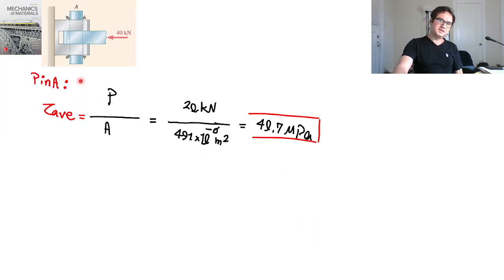The story at pin A is again shear. The average shear in pin A is in double shear, so P over A, where each of those parts is handling half of the force, so 20 kN over the cross-sectional area gives you almost 41 megapascal in shear.